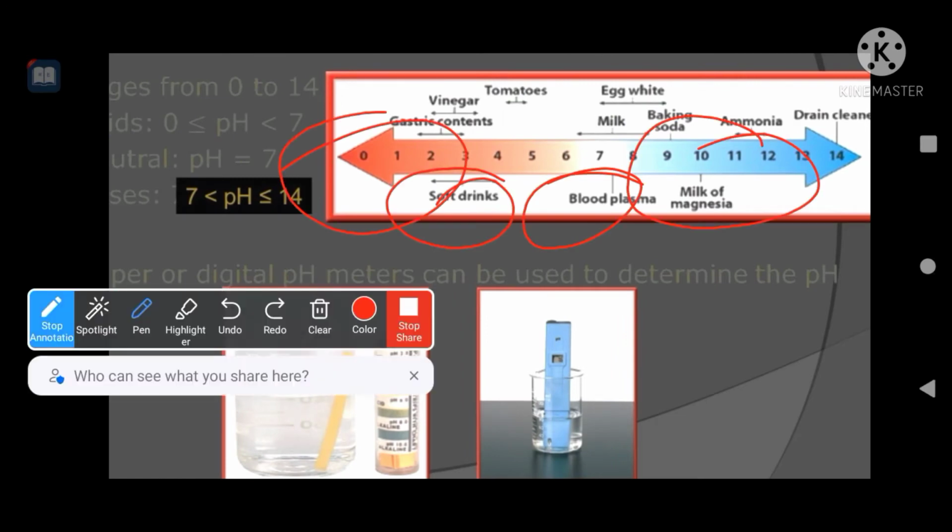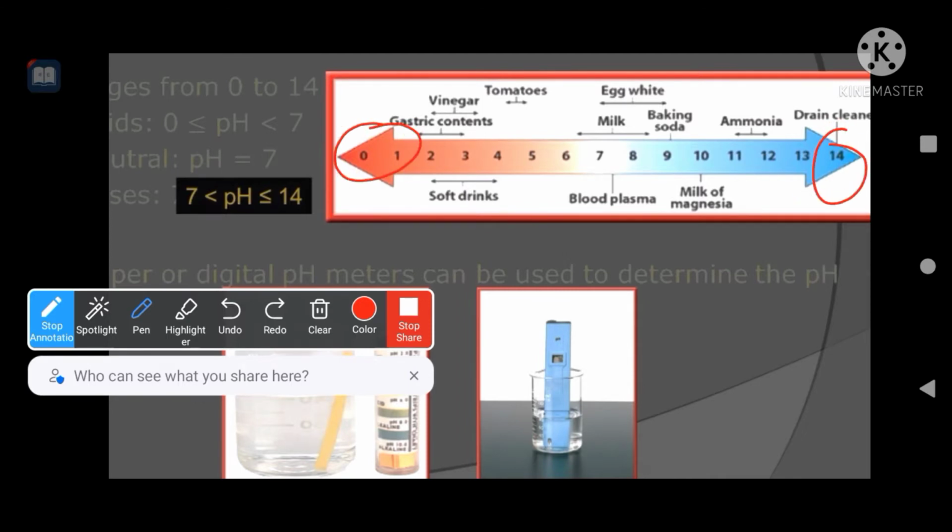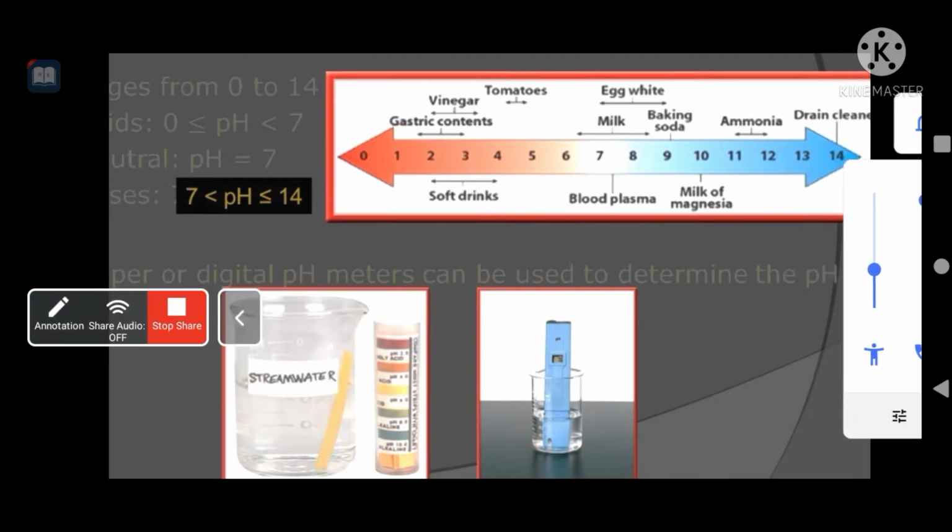Here, the numbers start from 0, 1, 2 up to 14, and the middle of the 14 is 7.